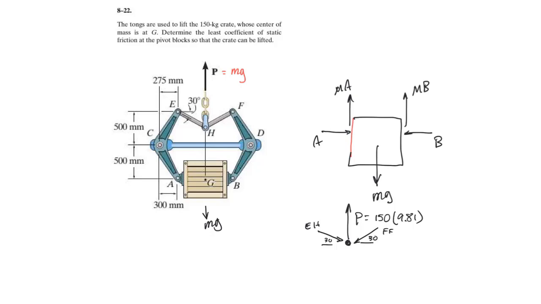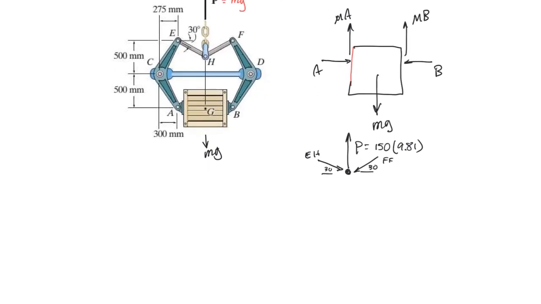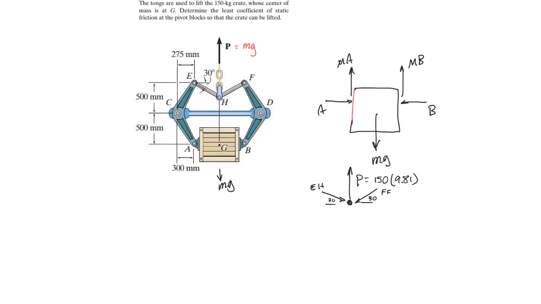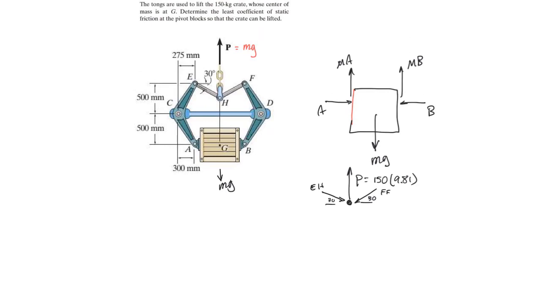Then lastly, you have to look at what is going on in this larger member, which is ECA. So let me just draw the free body diagram of ECA. In this case, I have EH pushing up in the same manner that it is pushing toward point H here. So this is EH.